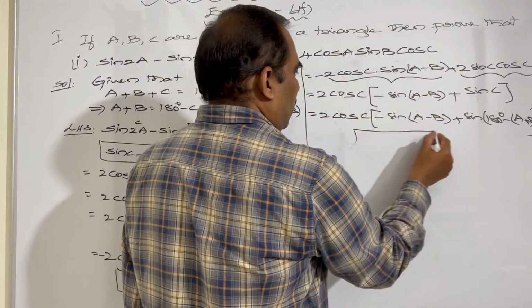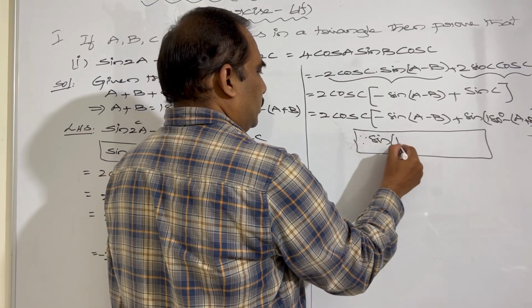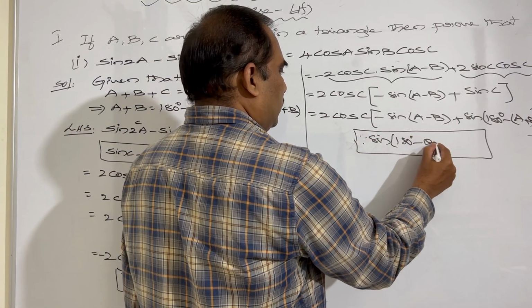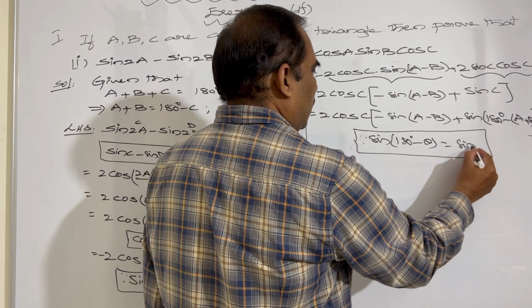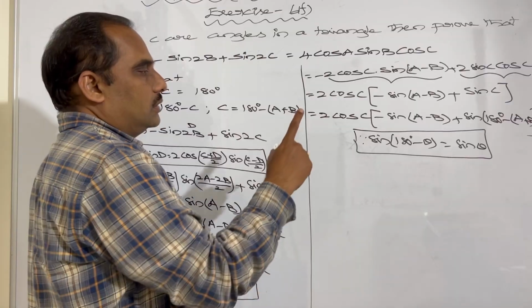So we know sin of 180 minus theta. What is sin of 180 minus theta? It is equal to sin theta, since it belongs to the second quadrant, where sine is positive.